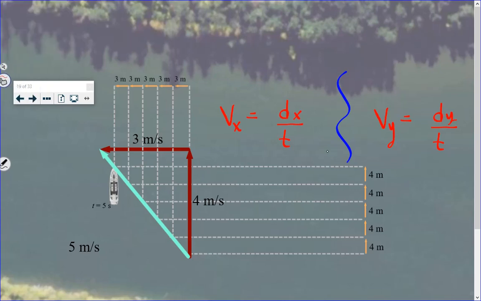So those components or those motions are what we say in physics, they are independent of each other. It doesn't matter how fast the river's flowing, if the boat pushes north at 4 meters per second, that's what it will do.